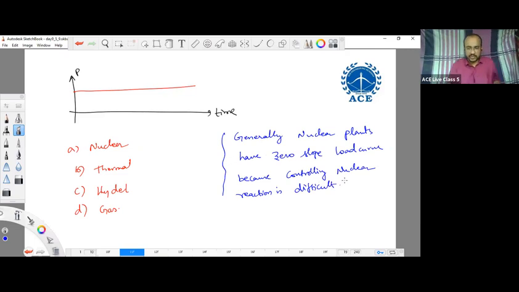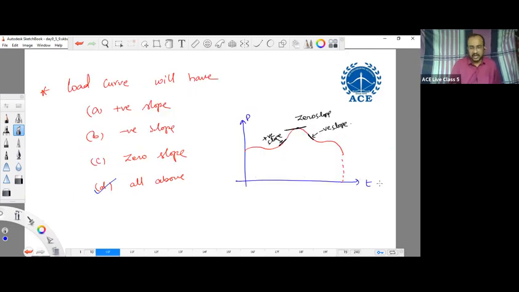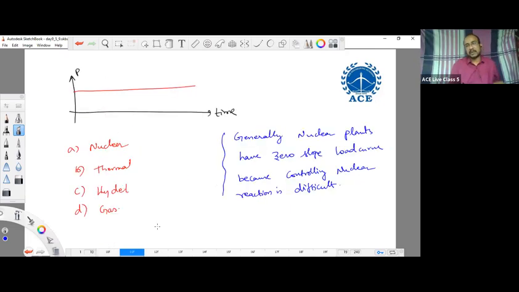So if you observe the load curve, the bottommost portion of the load curve is allotted to what? Nuclear power plants only. So whatever power is generated is delivered to the load.